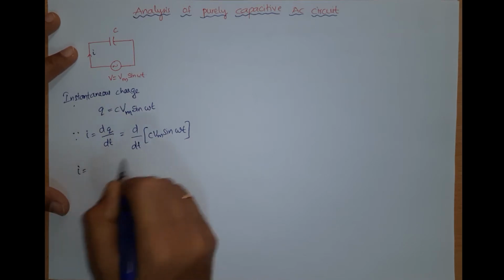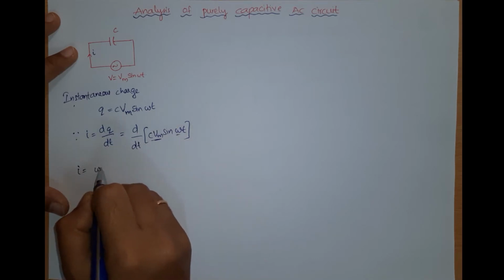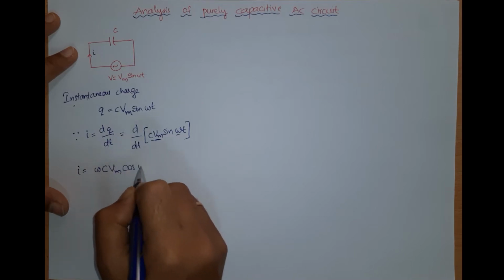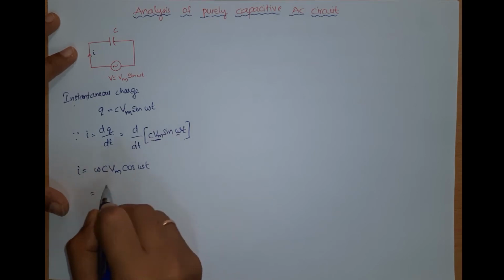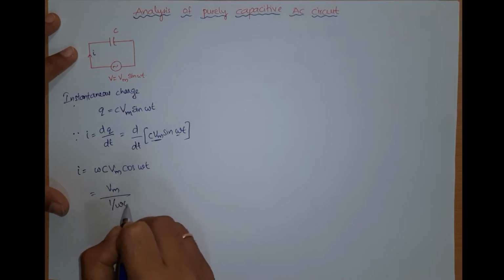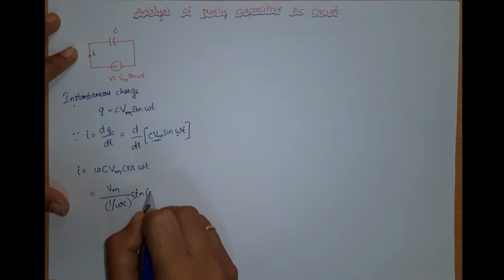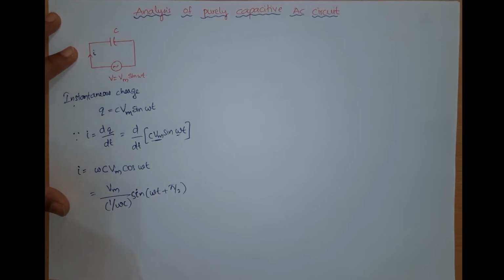So what is the value of I that I will be getting? Omega, C and Vm are constants, and d by dt of sin omega t is cos omega t. So I can rewrite it as Vm by 1 by omega C, into sin of omega t plus pi by 2. There is no change in the final equation, I have only changed the form.